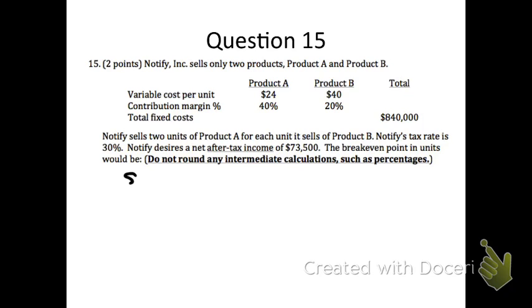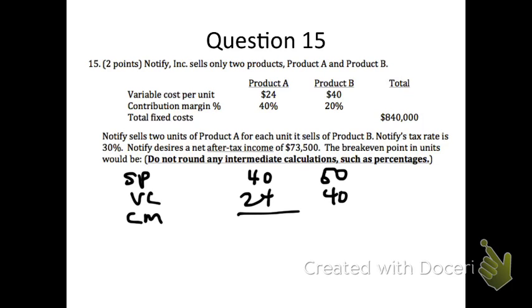So if the sales price is 40 and 50, then we can determine our contribution margin. I can either take it times the ratio or subtract the variable cost per unit, and so I get a $16 contribution margin per unit for product A and a $10 contribution margin per unit for product B.